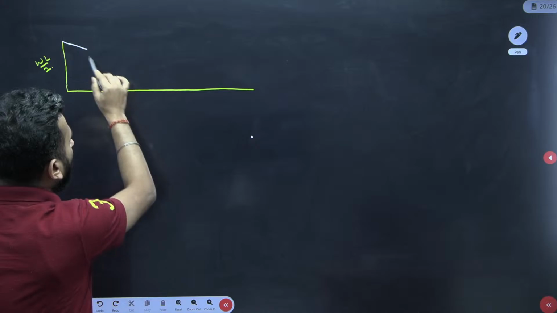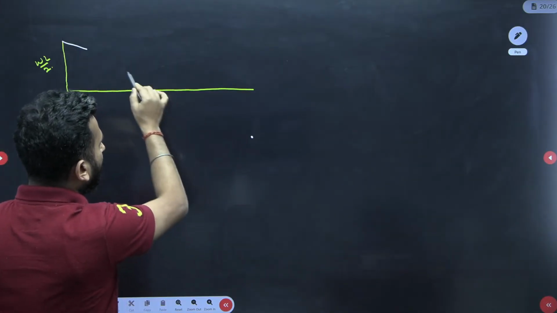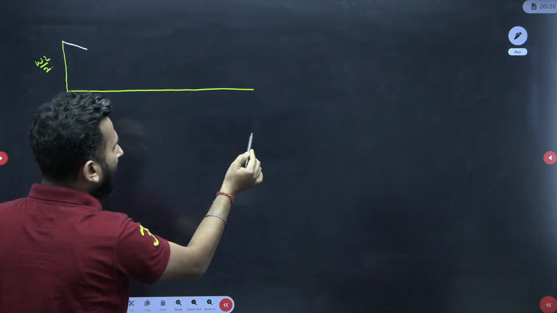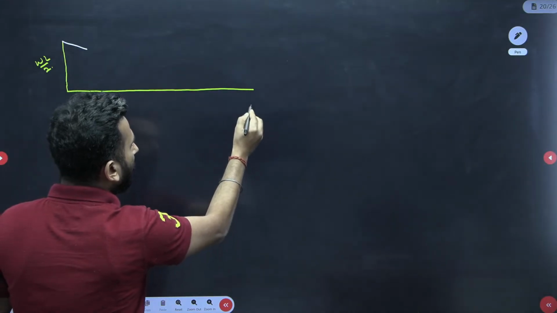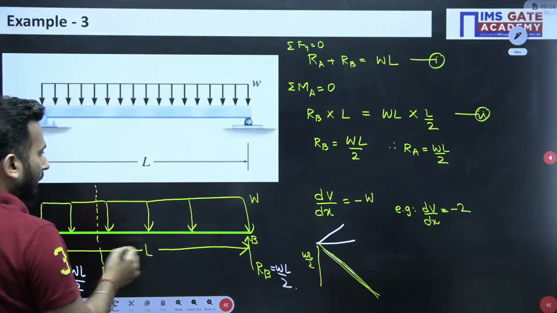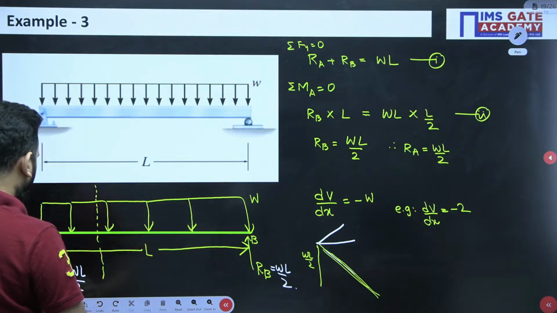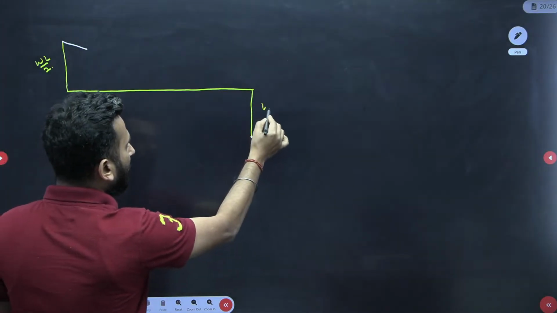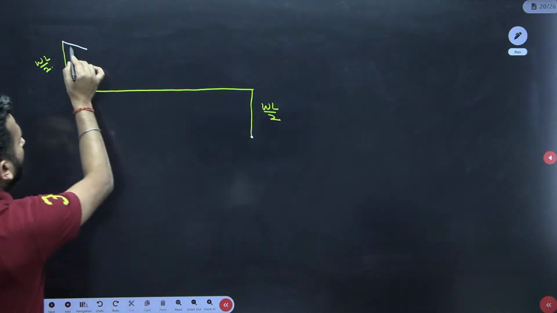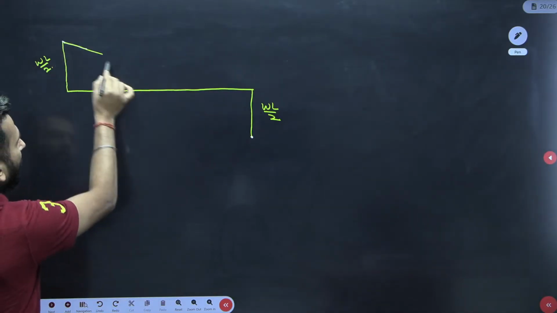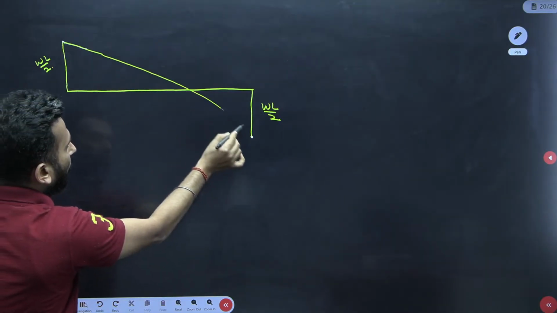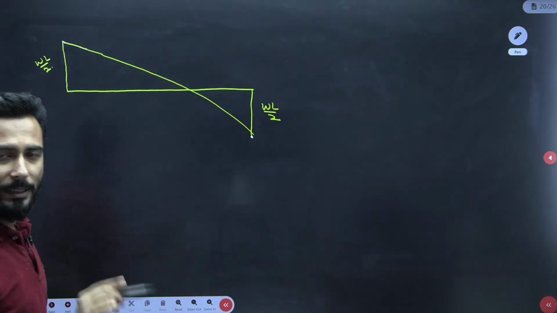I'm just saying somewhere it would have been intersecting this line, and from here I could have just drawn this Rb whose value was WL by 2. So this is one way of analyzing.